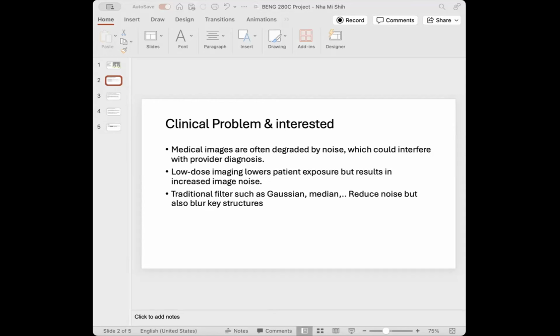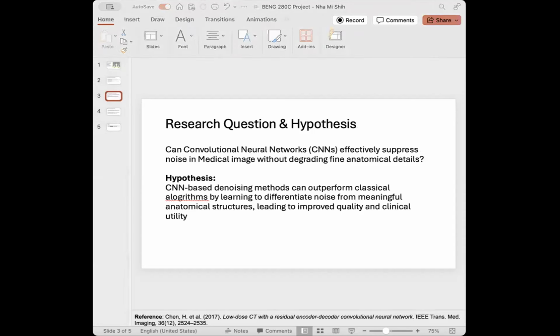Traditional denoising techniques such as Gaussian or median filters reduce noise, but they also tend to blur fine detail, which isn't ideal when diagnostic accuracy is on the line. So the core question driving this research is, can CNNs effectively reduce noise while keeping the fine anatomic structure intact?